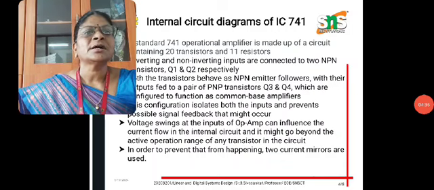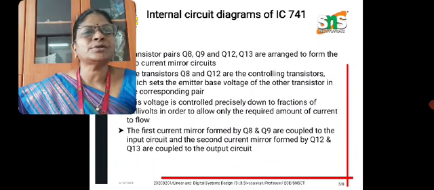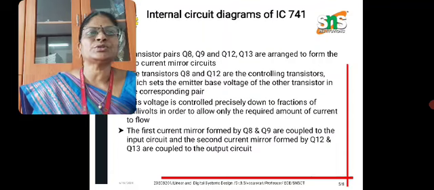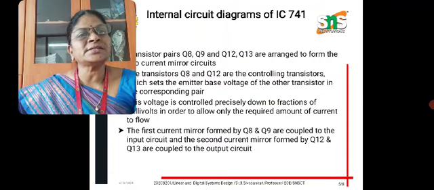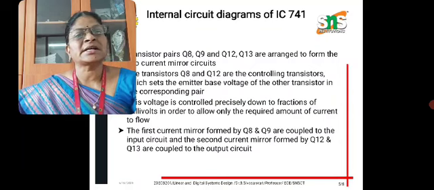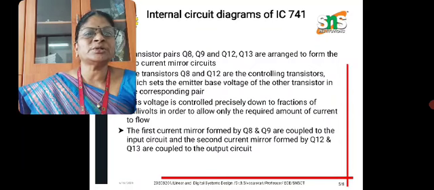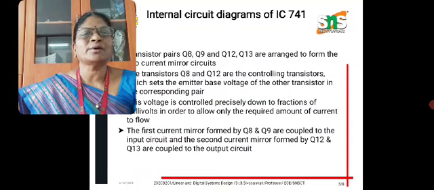The transistor pairs Q8, Q9 and Q12, Q13 are arranged to form these current mirror circuits. The transistors Q8 and Q12 are the controlling transistors which set the emitter-base voltage of the other transistor in the corresponding pair. This voltage is controlled precisely, down to fractions of a millivolt, in order to allow only the required amount of current to flow.